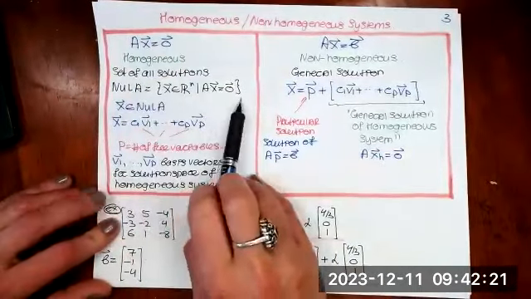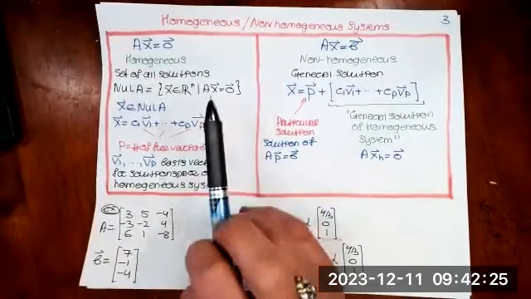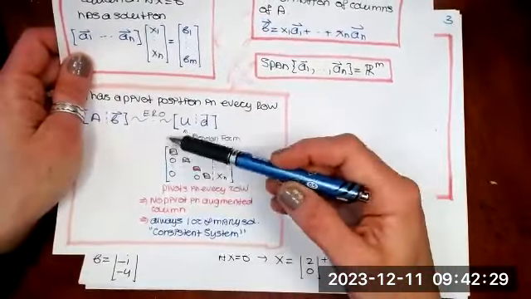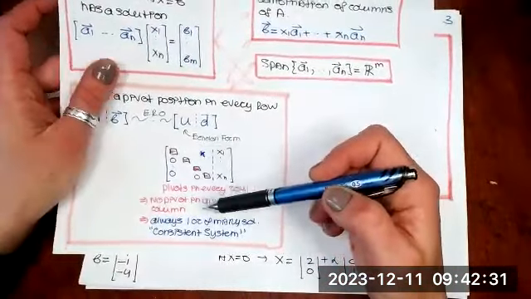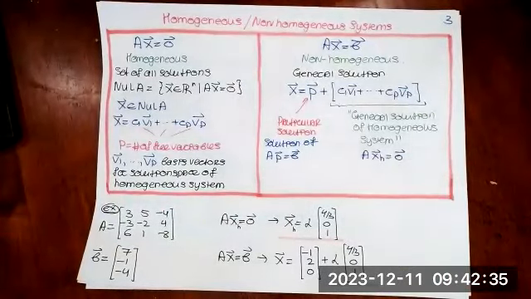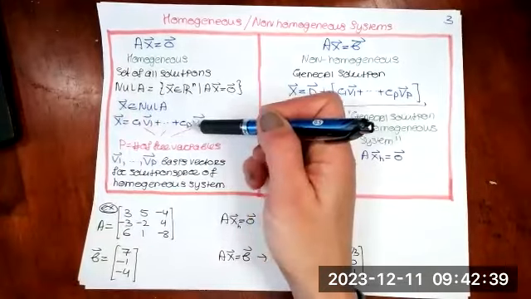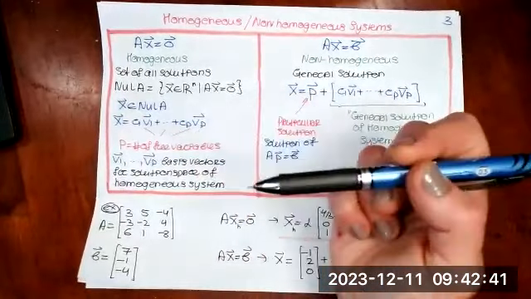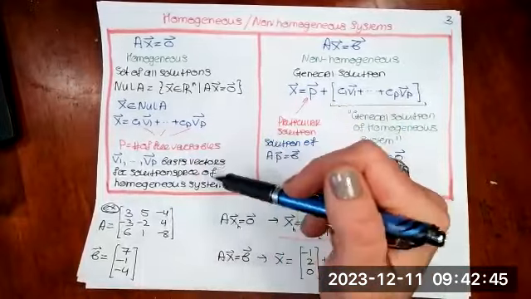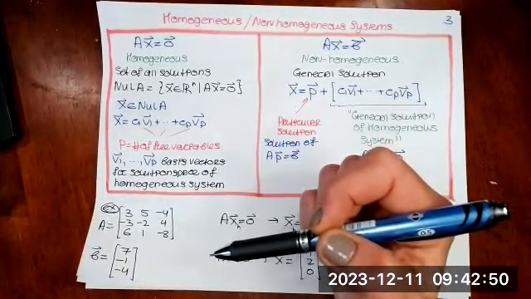Thinking about the pivot positions, if you're missing pivots in the columns, those would be your free variables, and each free variable gives you one more parameter. They end up being your weights here. So the number of free variables gives you the dimension of the solution space, the null space of A.